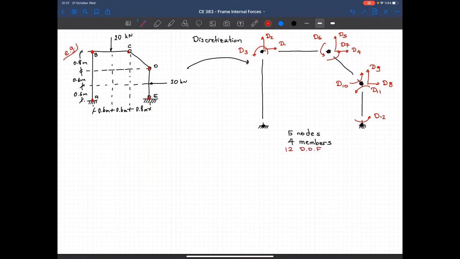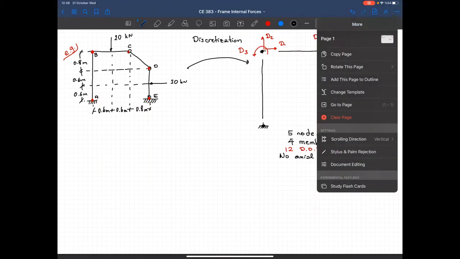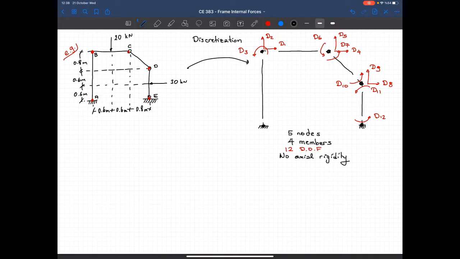In other words, the degree of kinematic indeterminacy in this structure is 12. Here, of course, we assume no axial rigidity, so let's put it as a note: no axial rigidity in this structure.